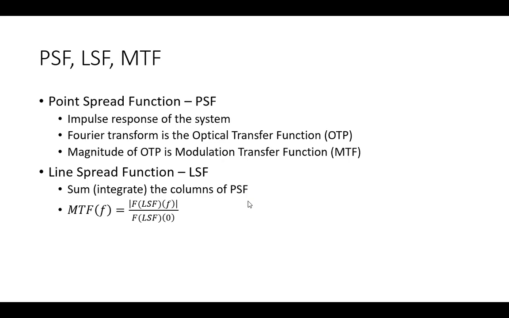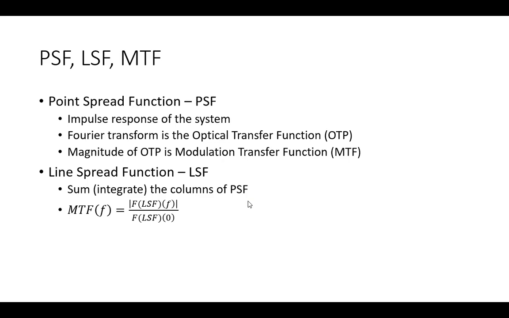So I'm saying take the Fourier transform of the line spread function and then evaluate it at F, right? Because you have to put the evaluate part outside the transform area. And then the same thing, take its absolute value, and then we normalize it. This is really important, and it will play up in some of the homework areas.